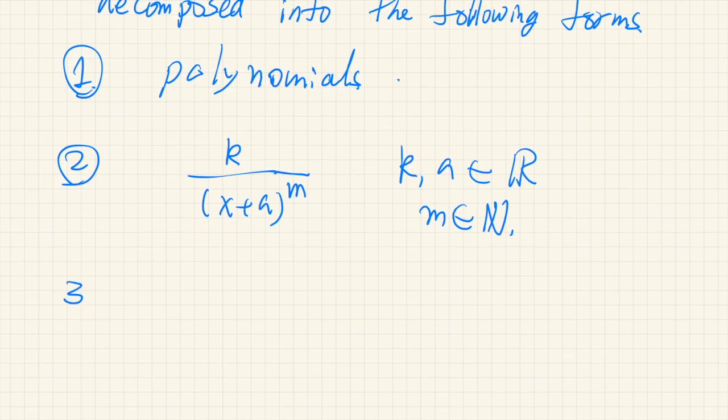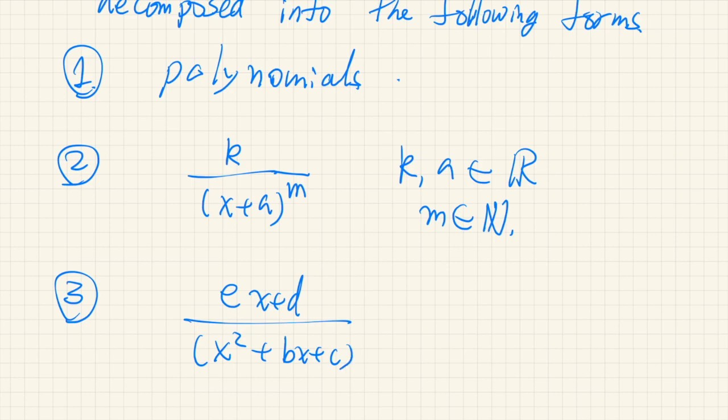And third, something of this form: ex plus d divided by x squared plus bx plus c to the power of m, where b, c, e, d are real numbers, and m is a natural number.